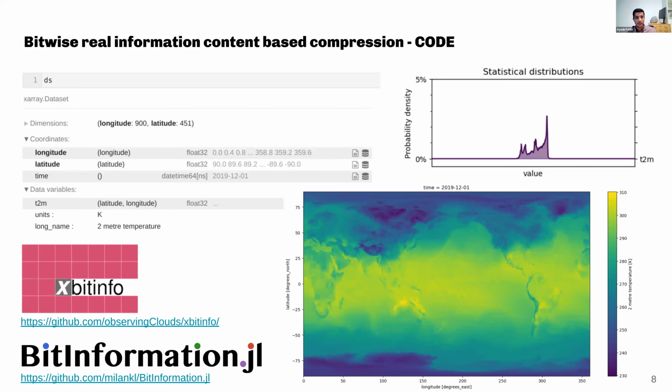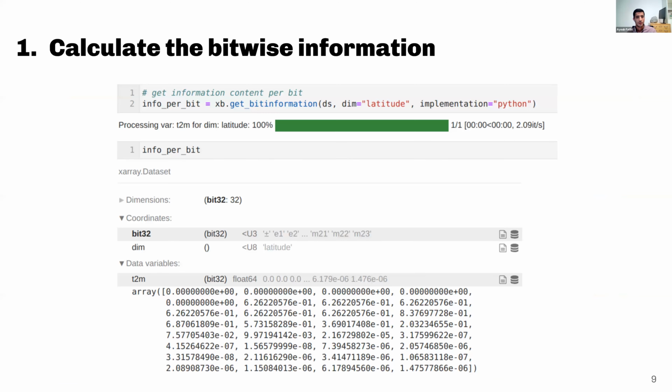The dataset used here for this example is the 2-meter temperature in Kelvin from the ERA5 dataset. You can get it from the Copernicus Climate Data Store. The data type used is float32. The first thing is getting the information content per bit.